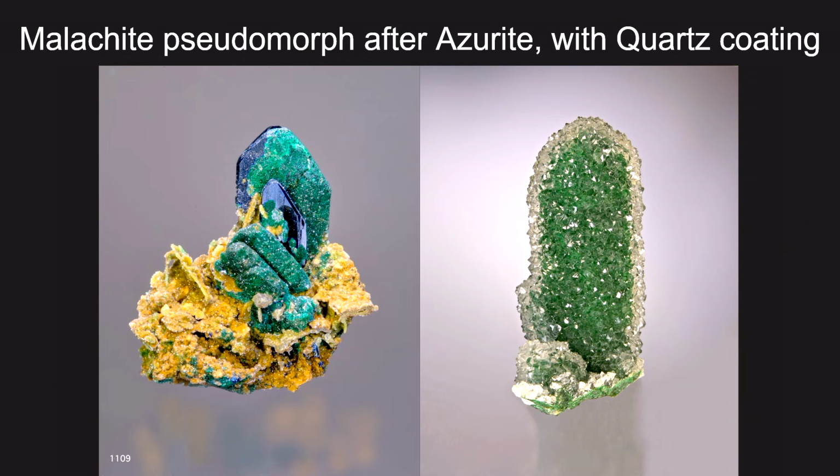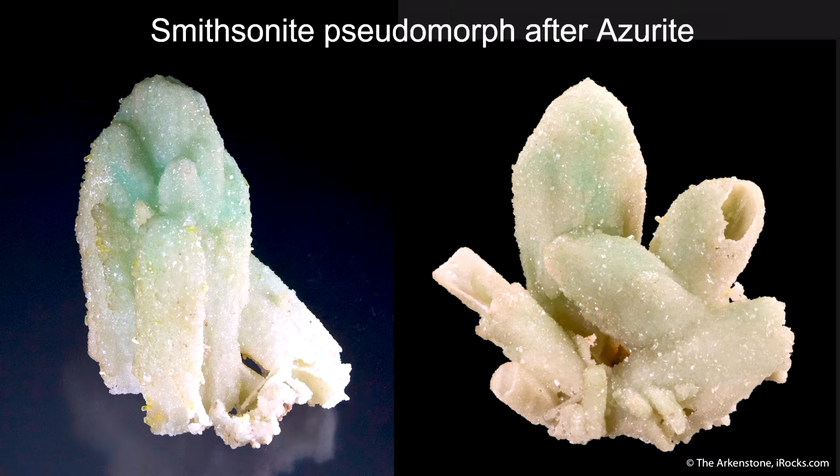Here's a pair of pseudomorphs where the malachite has been coated with a thin coating of druzy quartz, quite lovely and sparkly. So here are some other things that will end up after azurite has been pseudomorphed.